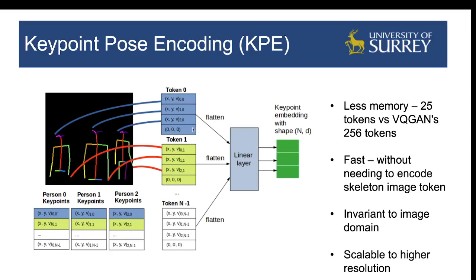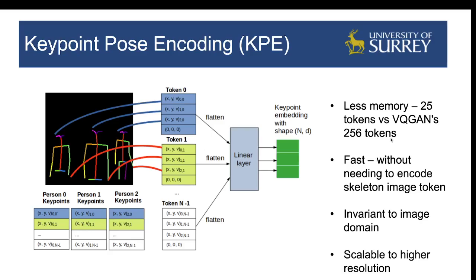We encode them directly, and we do not use any image encoder. Because we use a fixed number of key point tokens, it will be a lot smaller than the VQGAN's 256 tokens, if you assume we commonly use a 16 by 16 grid of tokens.